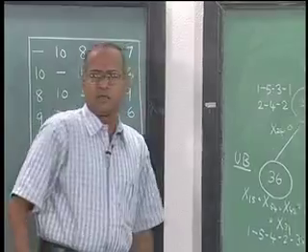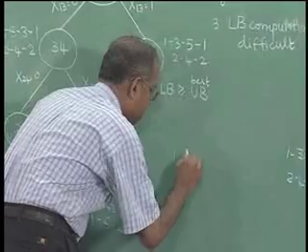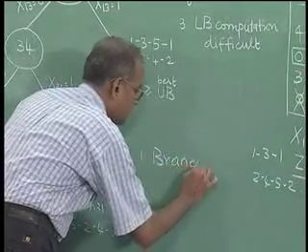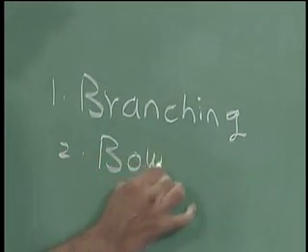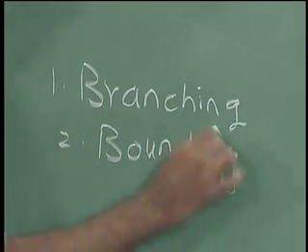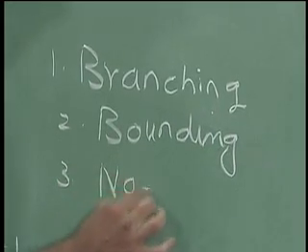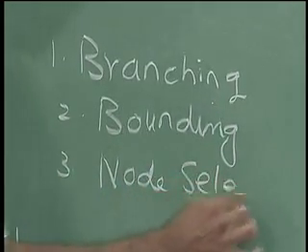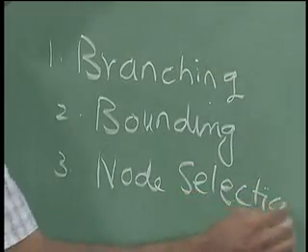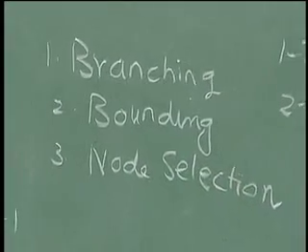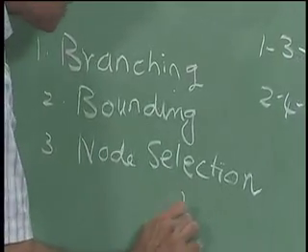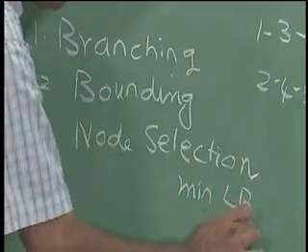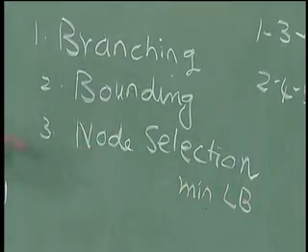Every branch and bound algorithm has three important aspects. One is called the branching strategy, the bounding strategy, and the node selection strategy. In most branch and bound algorithms, the node selection will be the node which has minimum lower bound, so that we branch from there.